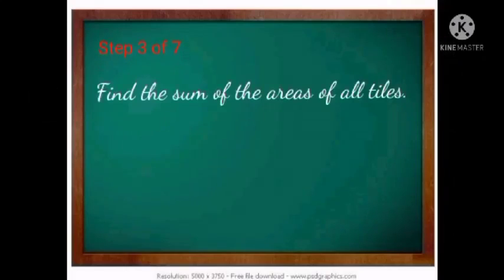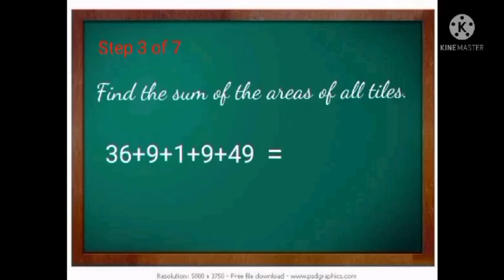Step 3 of 7. Find the sum of the areas of all tiles. In step 2, we found the area of each tile in square units, where T1 is 36, T2 is 9, T3 is 1, T4 is 9, and T5 is 49, a total of 104 square units.